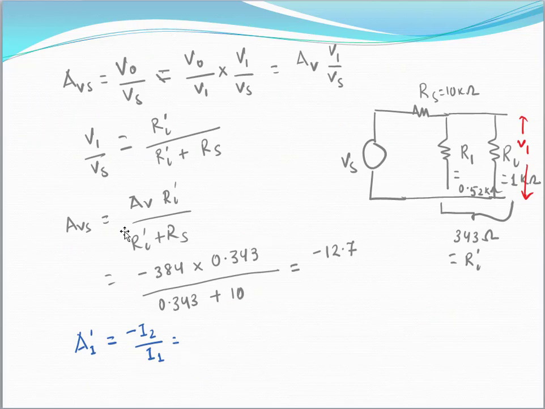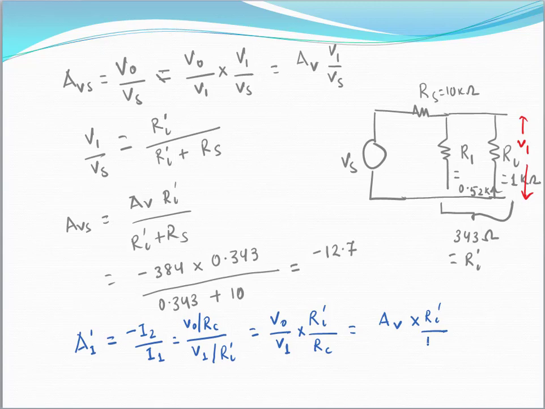So this is V naught by RC by V1 by Ri dash. We know the value of V naught by V1, that is the voltage gain, we have already calculated, and this is Ri dash by RC, is equal to Av into Ri dash by RC.